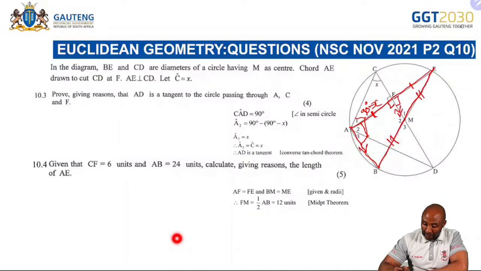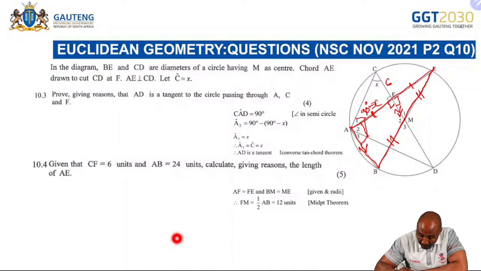So using that theorem, we are given that our CF is 6 units. And then we are also given that our AB is 24 units, which means MF is half of AB, hence this will be 12 units.